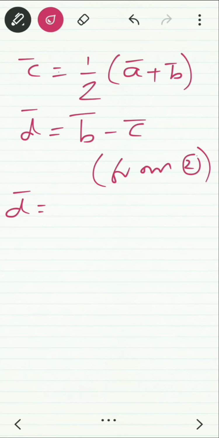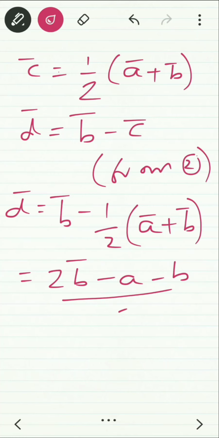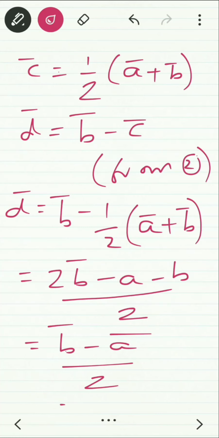So D bar becomes B bar minus half of A bar plus B bar. Equalizing the denominator, we get 2B bar minus A bar minus B bar upon 2. So this becomes B bar minus A bar upon 2. Thus we expressed C and we also expressed D in terms of A and B.